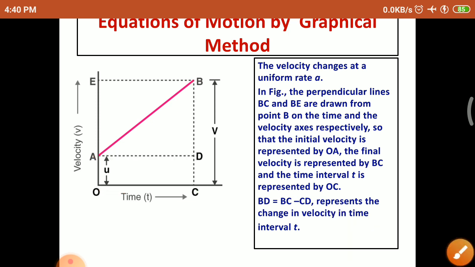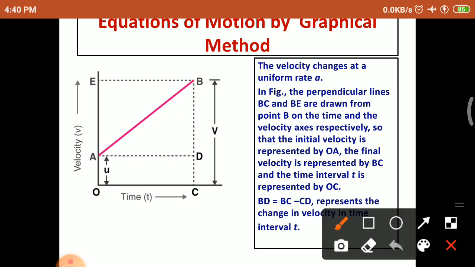You have to draw BC and BE from the point B on the time and velocity axes.